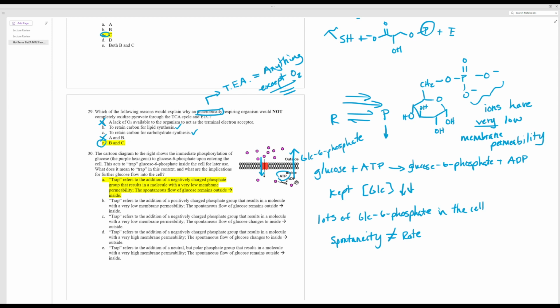So even though the delta G, or the spontaneity, says that we'll go inside to outside for the glucose 6-phosphate, this will happen at such slow rates because of this negative charge on our glucose 6-phosphate that it's irrelevant to the cell.